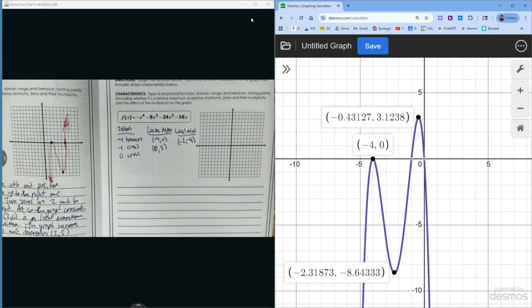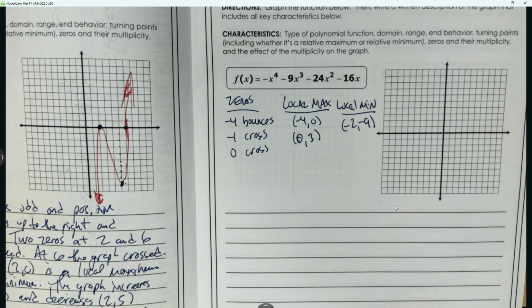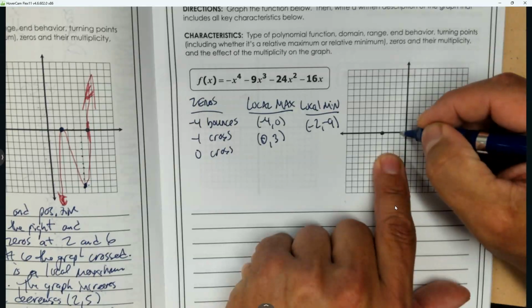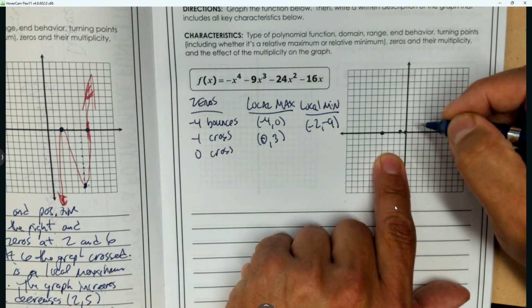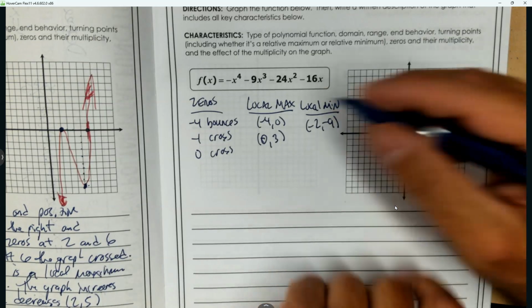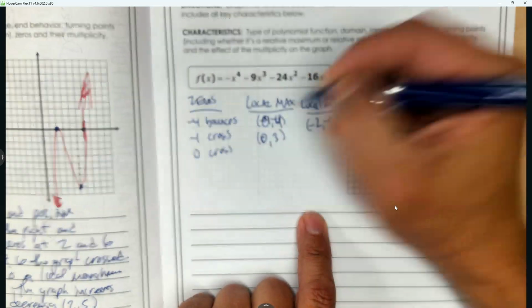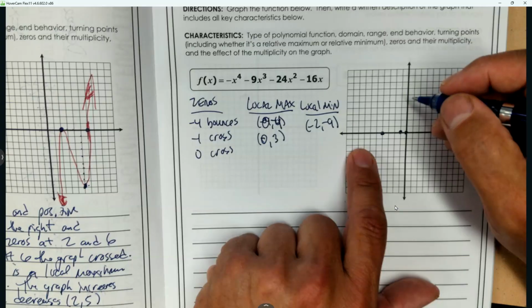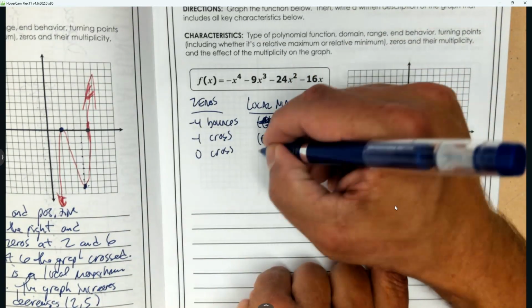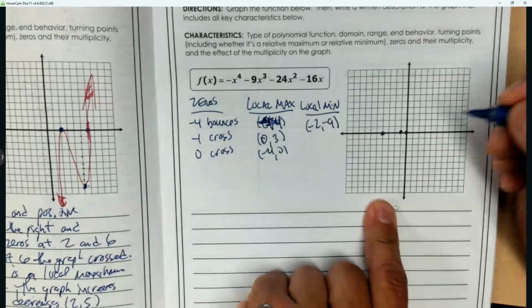And then we're good with this now. So now I'm going to put that on the graph. So negative 4, negative 1, and 0. Oh, this max was 0, 3. Sorry, I mixed it up. Negative 4, 0, so that's a maximum.